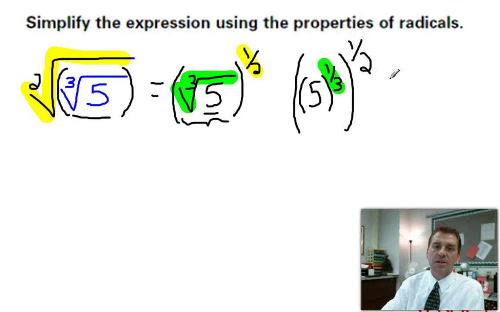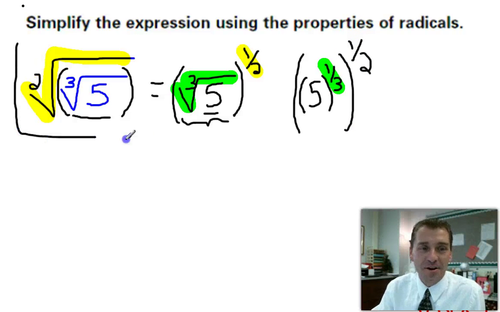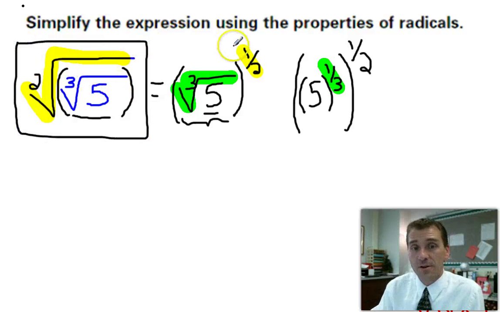Wow. Now you're going to say, why did you rewrite all that? Because what I'm doing is I'm simplifying this entire expression right here. So I had to use my rule to rewrite it into rational exponents. So what I'm looking at is the power of a power.